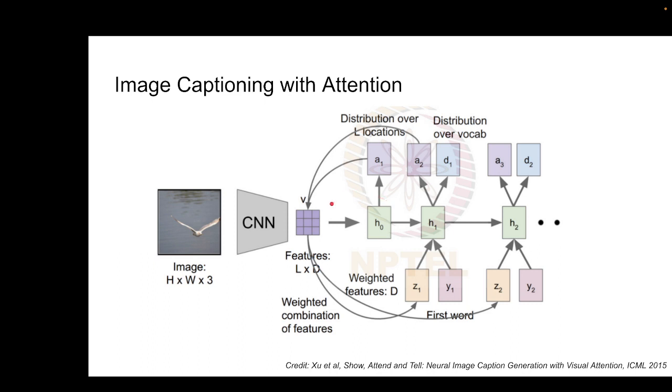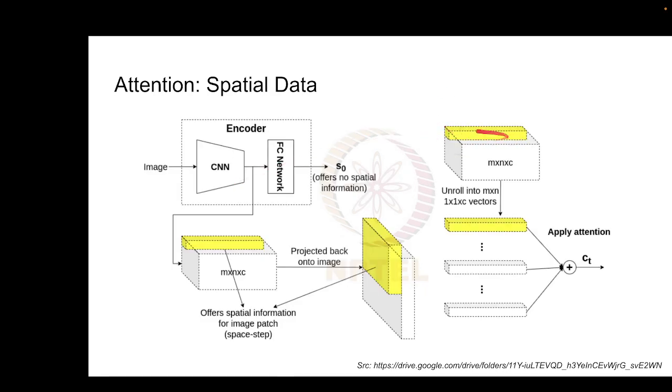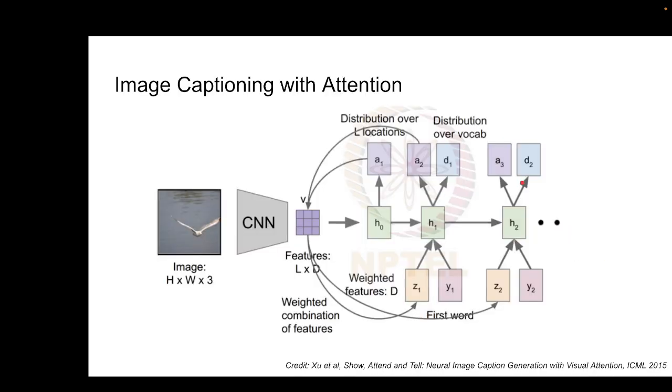So now we have all these different channel-wise vectors here. Attention involves having some weighted sum with respect to the query vector, right?